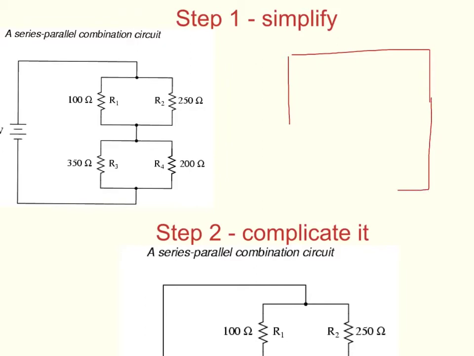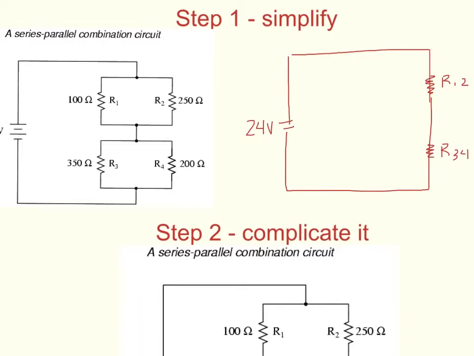I also want to do the same thing with 3 and 4. So there's my battery. We are told originally that it's 24 volts. And here's going to be resistor 1, 2, and here's going to be resistor 3, 4.